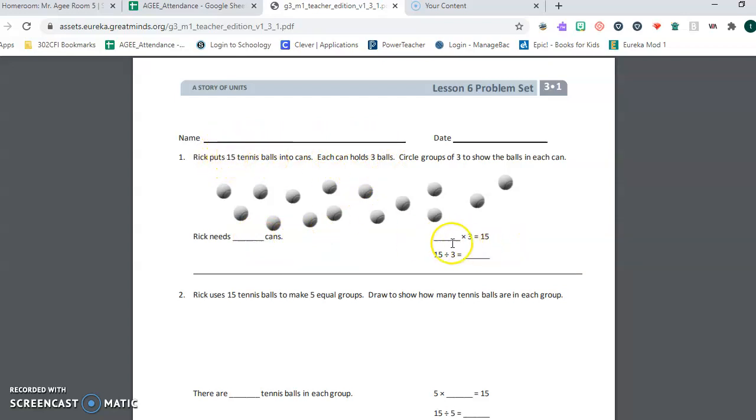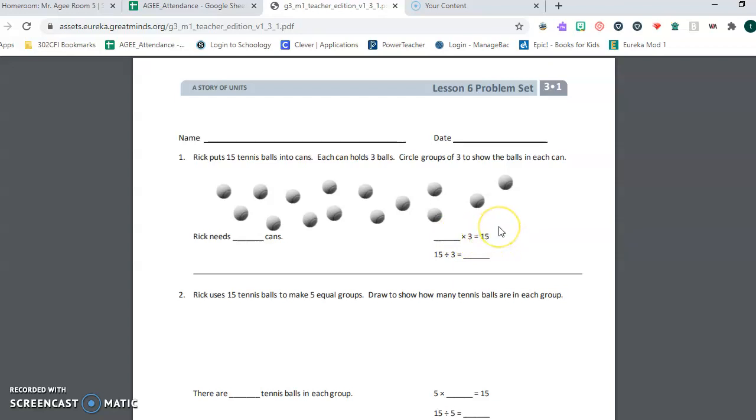Now let's talk about the equation vocabulary. So we've talked about multiplication. The parts that you multiply together are called factors. So we've got one factor here times another factor here, and it equals a product. Okay, that vocabulary is important.